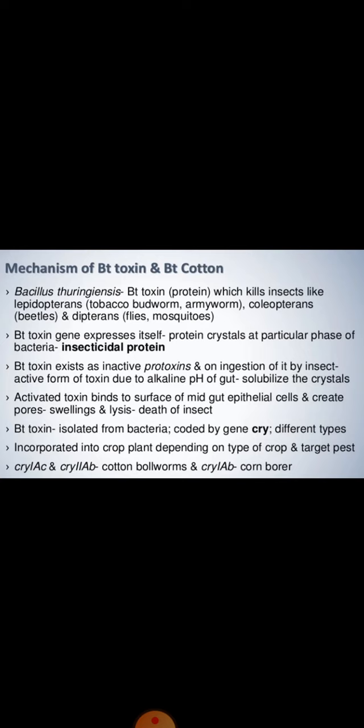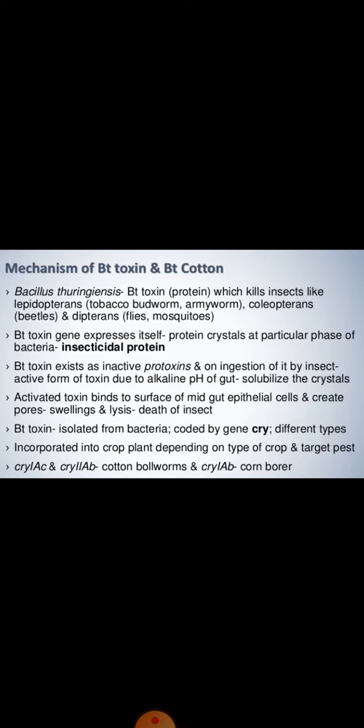The short form is taken from this bacteria only, B for Bacillus and T for thuringiensis. So it is named as Bt toxin.